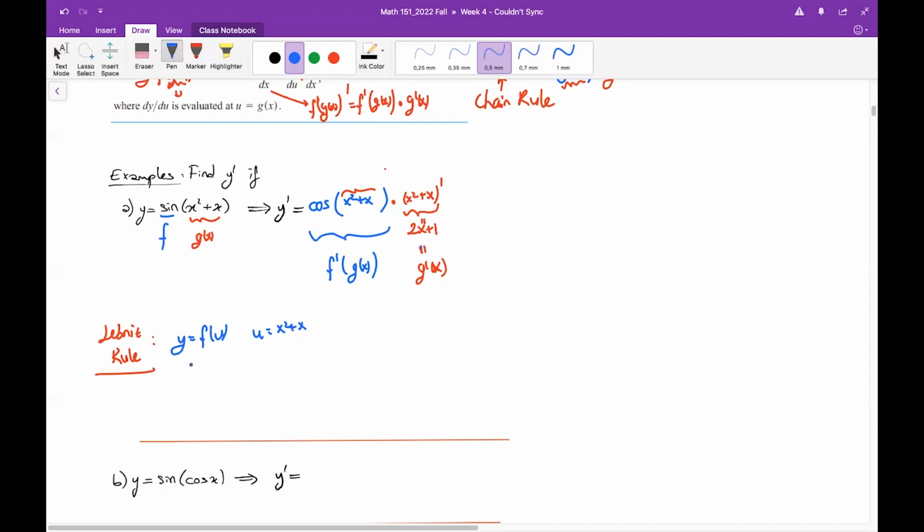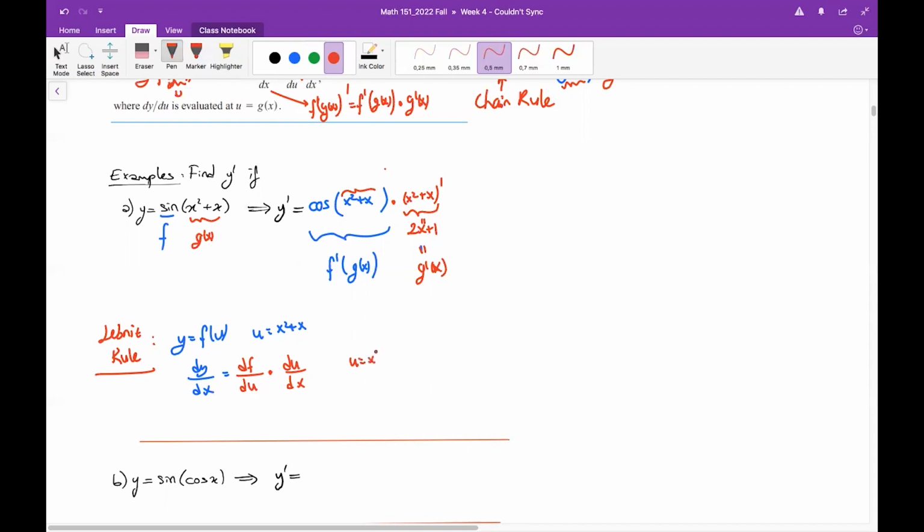And then dy over dx, that's what we want to find, right? Is given as df over du. You start from the most outer function times you multiply with the derivative of the insider function, which is du over dx.